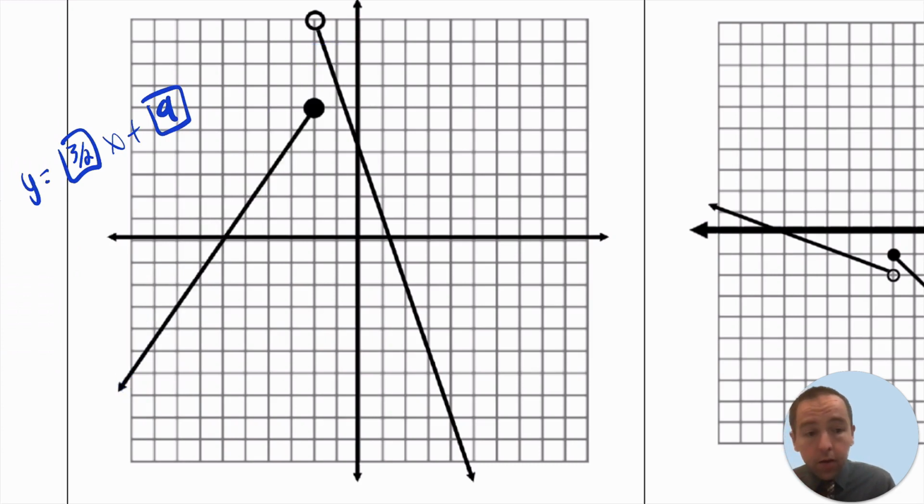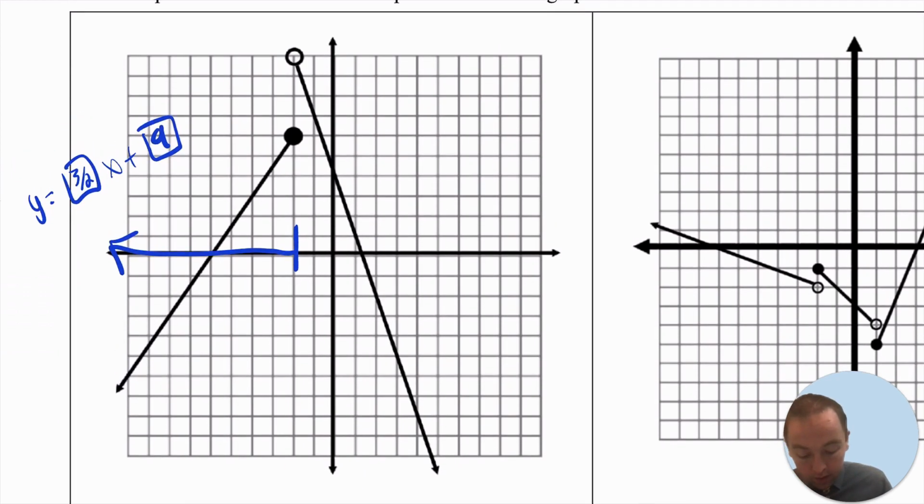Now, it's not the entire line, because it's only going when x is at -2 and below. We'll acknowledge that once we get to writing the function, and then let's get some information about the other piece.